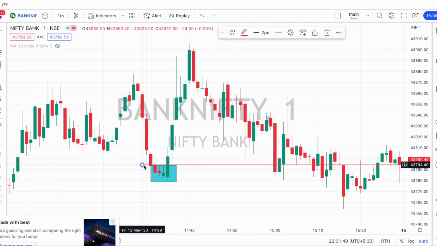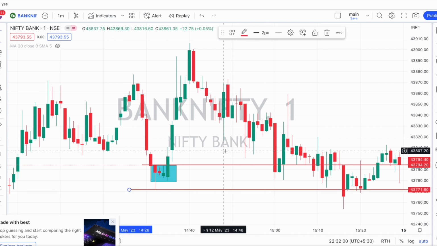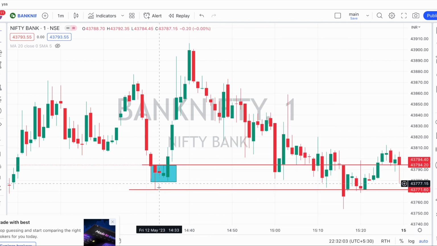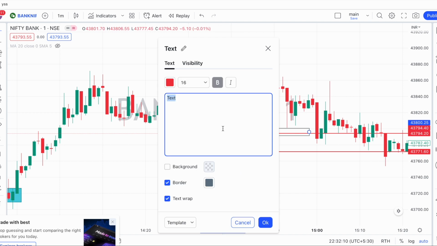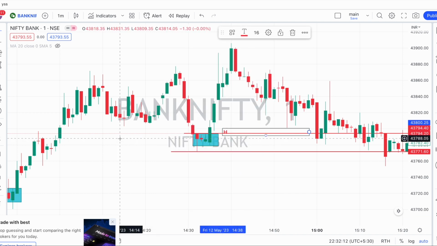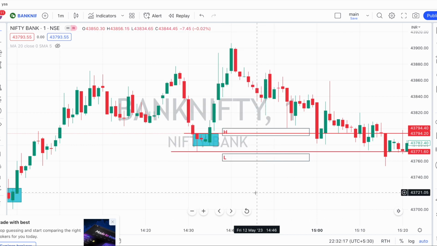This is the breakout, and we're not going to consider the high of the breakout. We're going to consider the high of the build-up. And what is the lowest low? This is the lowest low. So this is the highest high and this is the lowest low. We are going to mark the high and low. So this is the high and this is the low of the build-up.